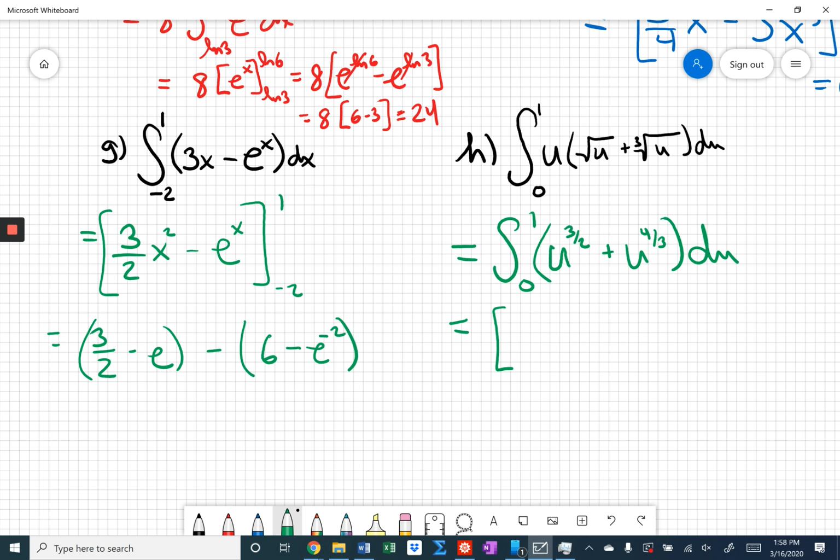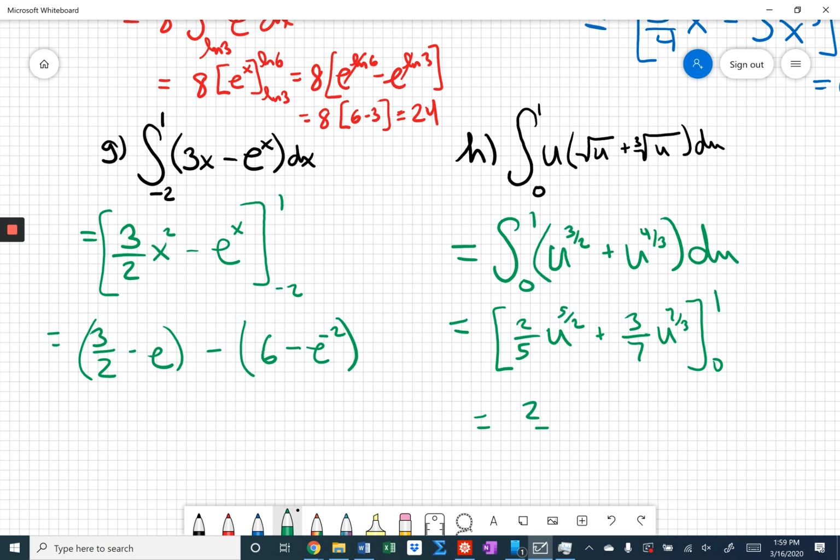So the antiderivative of u to the 3/2 becomes u to the 5/2 divided by 5/2, or 2/5 u to the 5/2, plus, this is going to become, we add 3/3 here, so that's 7/3, with 3/7 u to the 7/3, evaluated from 0 to 1.